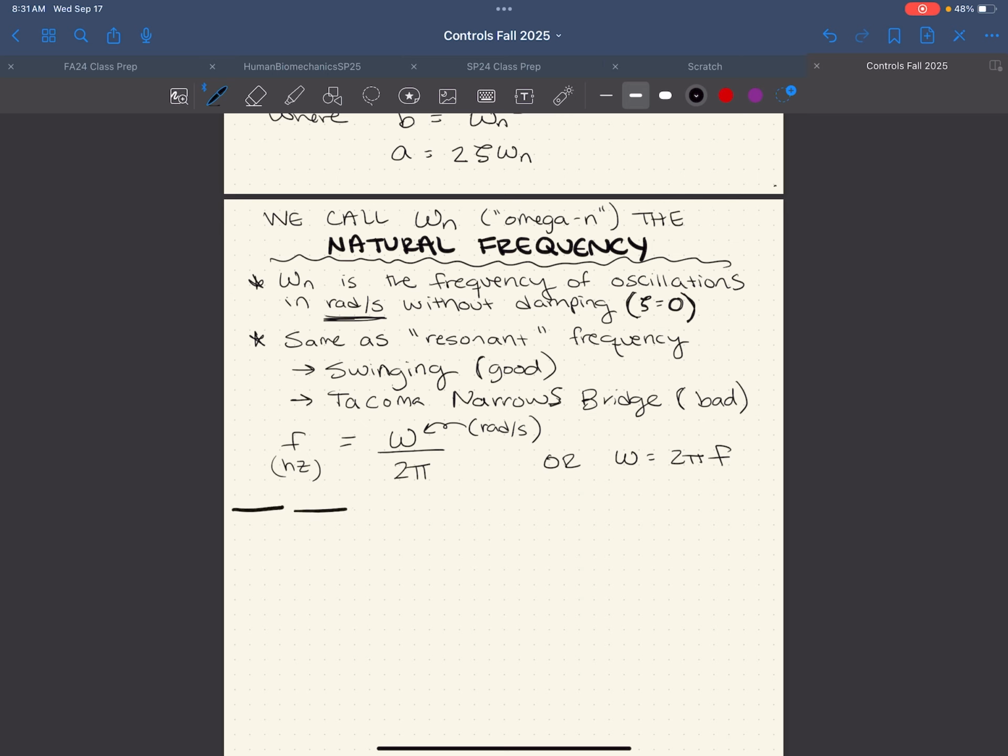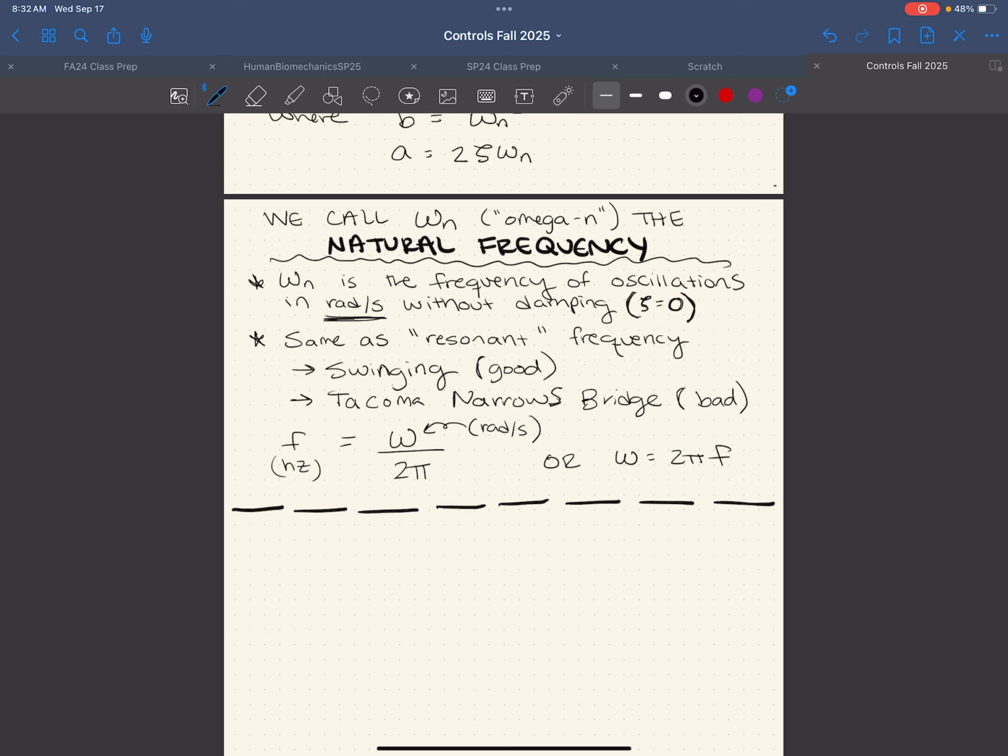And now I want to do a deep dive on what the heck is that zeta term. It's going to turn out that this zeta term is very influential over the poles of our system. So we're going to look at some very special cases of the values of zeta and the effect that those values have on the overall behavior.